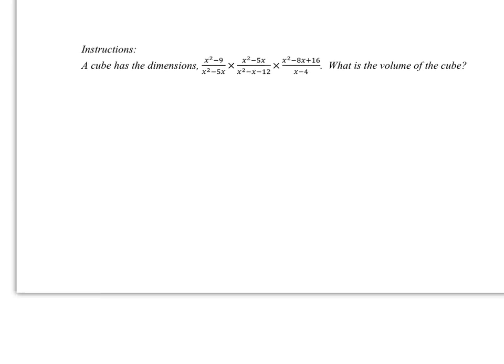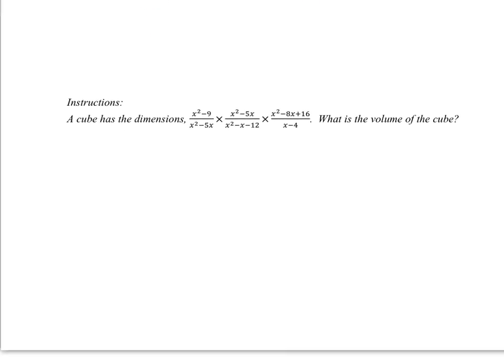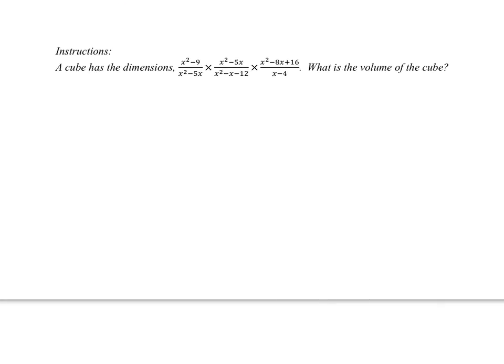Now with number 7, or the last question anyway, it's not labeled number 7. This is a cube that has these dimensions. What's the volume of the cube? It's a lot like the one at the end of the notes, but I would encourage you to draw a cube and label your dimensions.